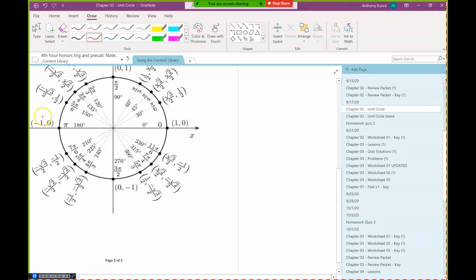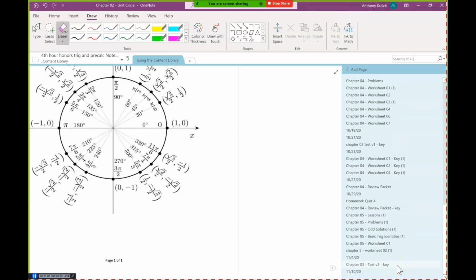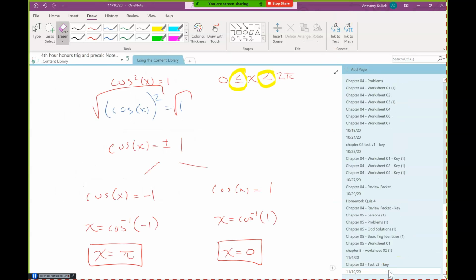So cosine equal to -1 is there at pi, and equals +1 is here at 0. And those are the only places where the x-coordinate is 1 or -1, right? So that's it. That one is done now. Is everybody okay there?